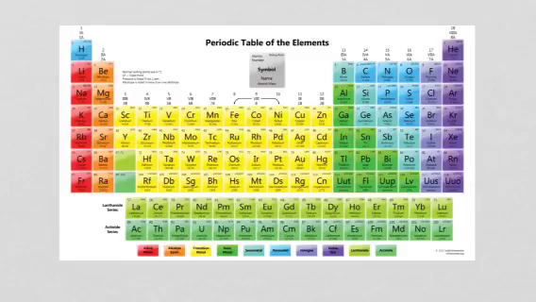Let's go over that one more time. If I look at the periodic table, there's so much information here that you have access to that you don't have to memorize. But it does no good if you don't know where to look for it, right? It's useless. So let's make sure that we know where all the possible information on this periodic table is for you.